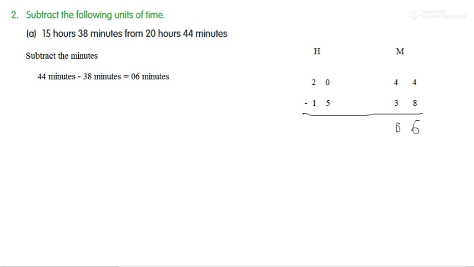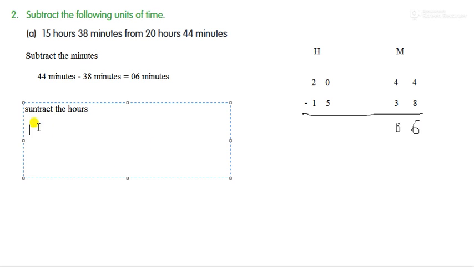Now subtract the hours. Here 20 hours minus 15 hours.